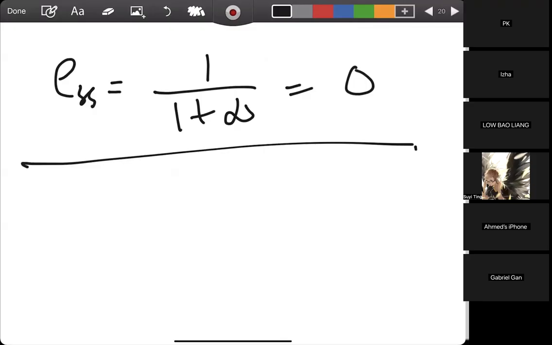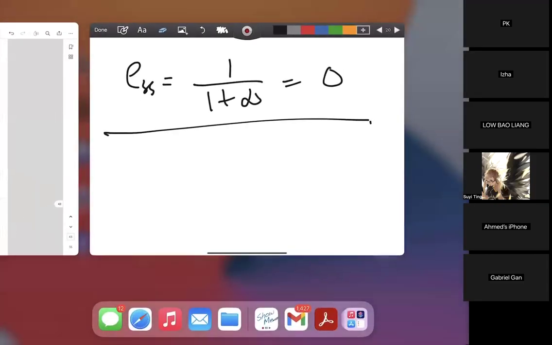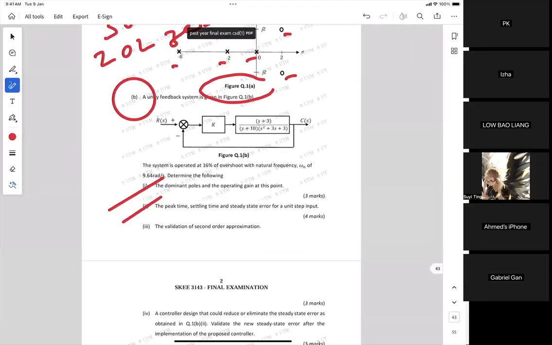Because when you attach system type 0 to the PI controller, the system type increases from 0 to 1. And for type 1, the steady state error is 0.